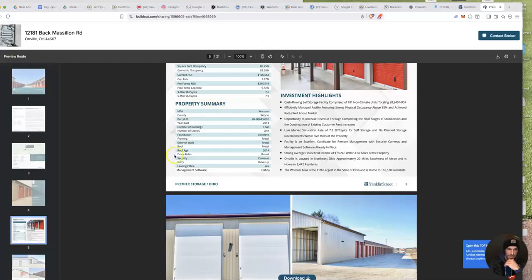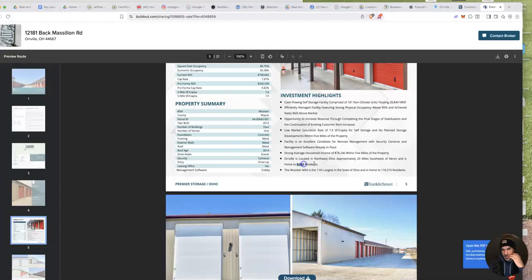So there you go. It gives you some information about the per capita. So 7.9 feet per capita, which again is right around the national average. So it's hard to say if it's undersupplied or oversupplied. Strong average household income, I like to see, of 78,000. That looks pretty good.